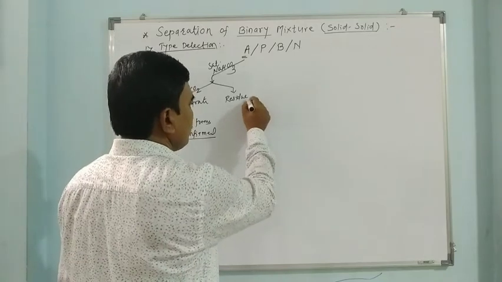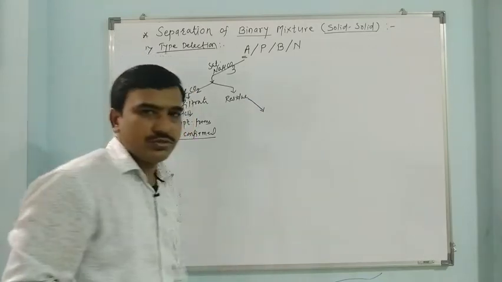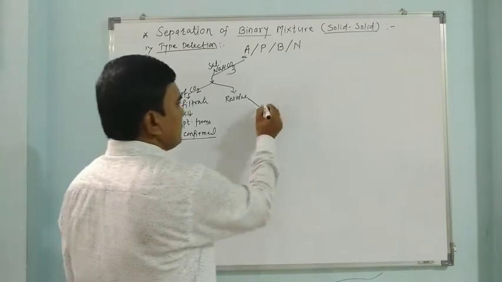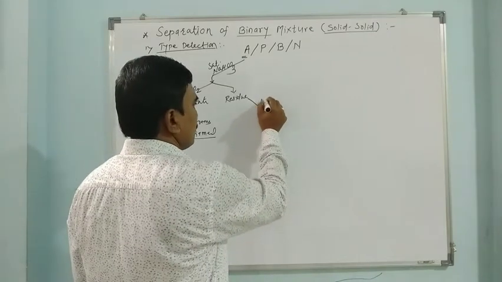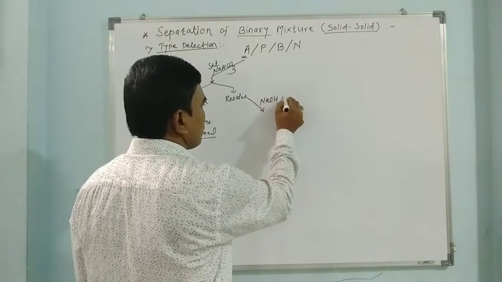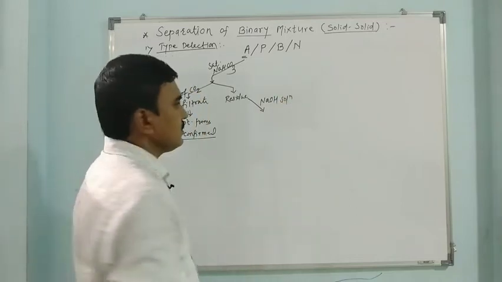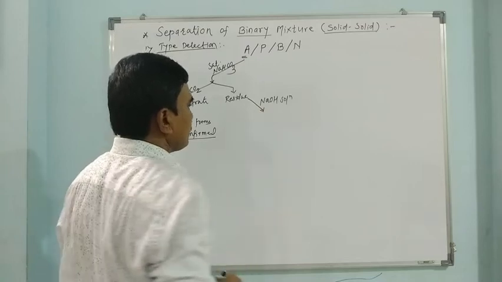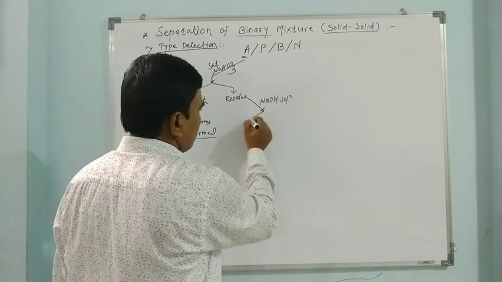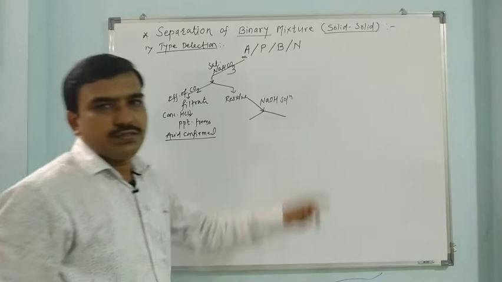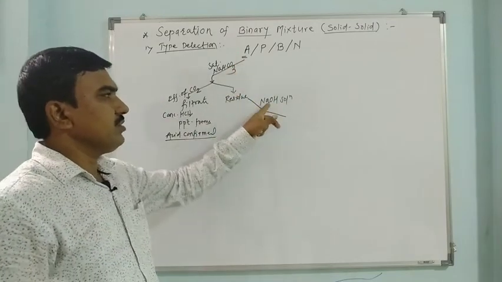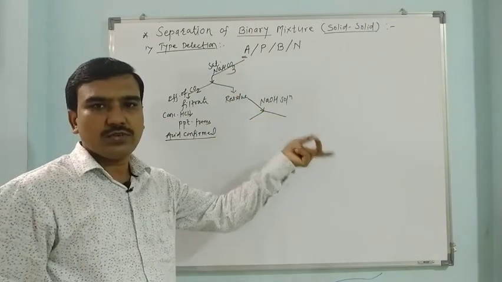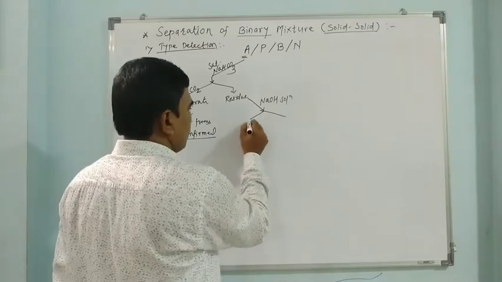Now to this residue, to check phenol, we add NaOH solution, sodium hydroxide solution, around 5 to 10% NaOH. If phenol is there, it dissolves in sodium hydroxide because it forms sodium phenoxide.